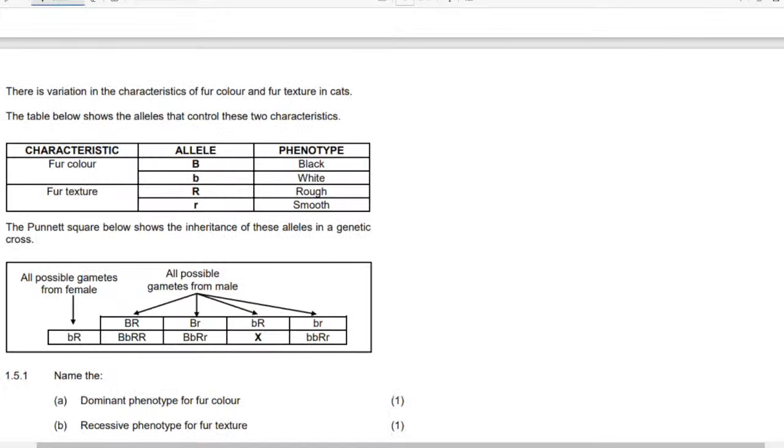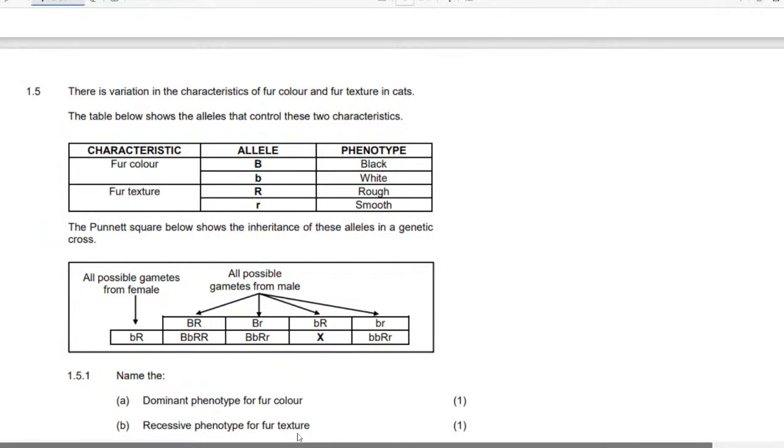I hope you are seeing clearly. There is variation in characteristics of fur color and texture in the cat. And then they are saying that the table below shows the alleles that control these two characteristics. All right.